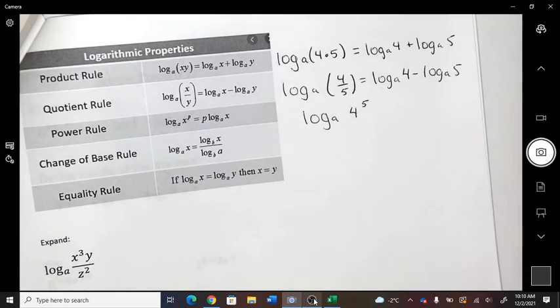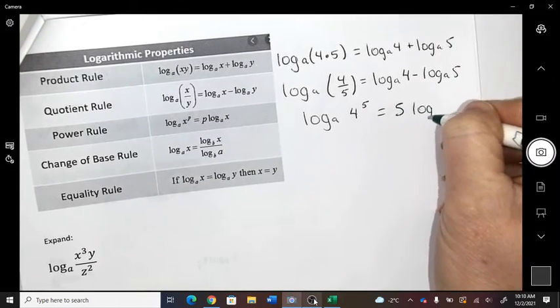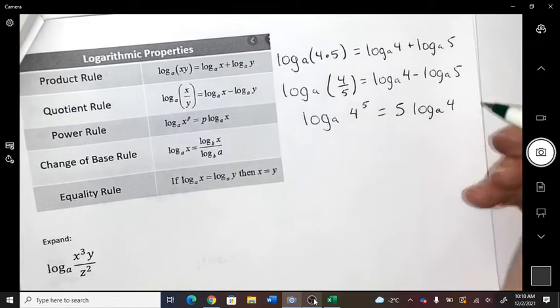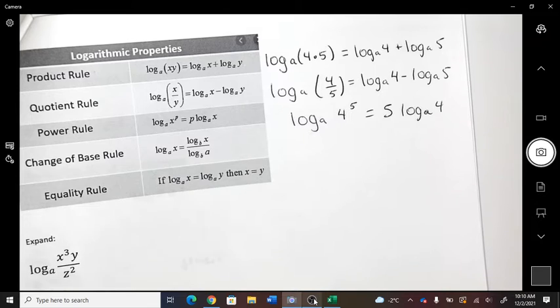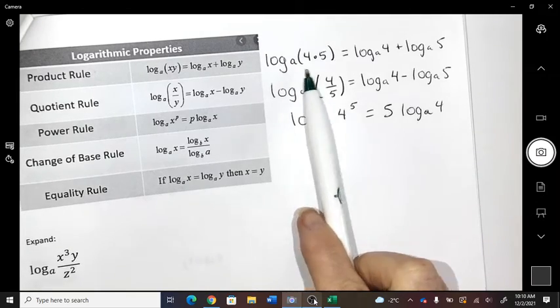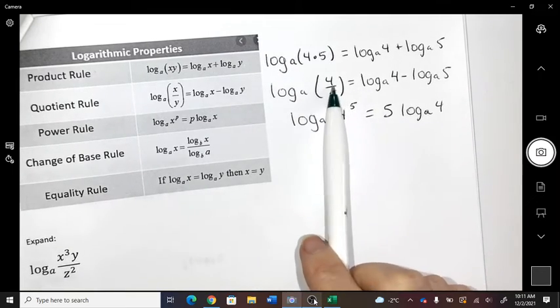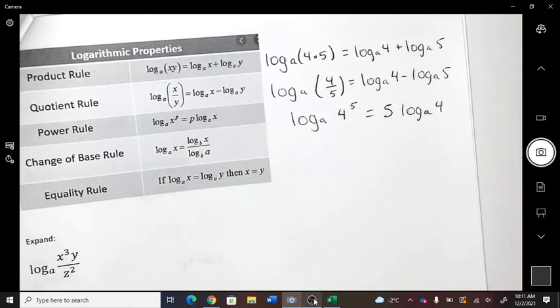So this is going to become 5 times log A4. Okay, so they follow all those things that you learned about exponents. If this is multiplied, split with add. If it's divided, split with subtraction. Exponents become multipliers. Okay?